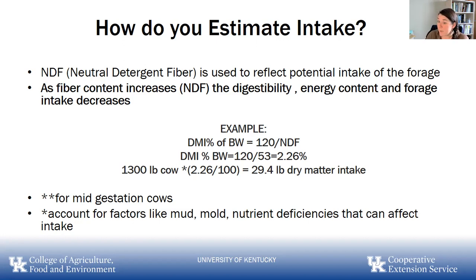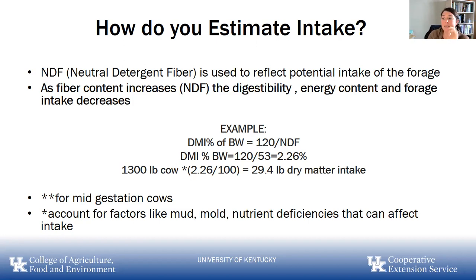If you think about the actual feed that you're feeding her on an as-fed basis, she's actually going to eat more than that. But on a dry matter basis, it's 29.4 pounds of dry matter intake. All right. So that's quite a bit of feed, but she'll eat that in about a day's time.